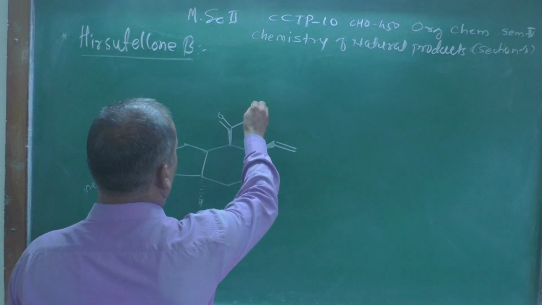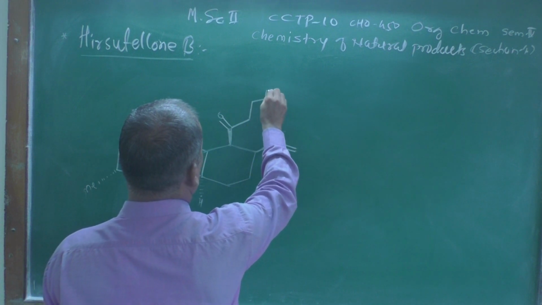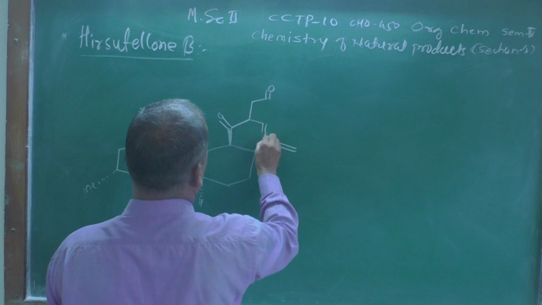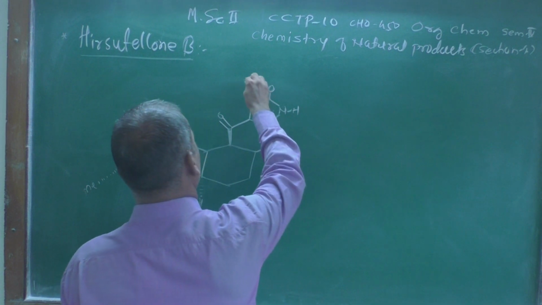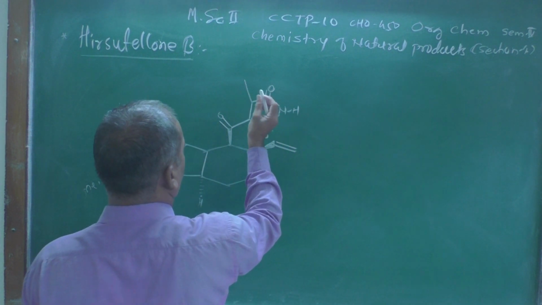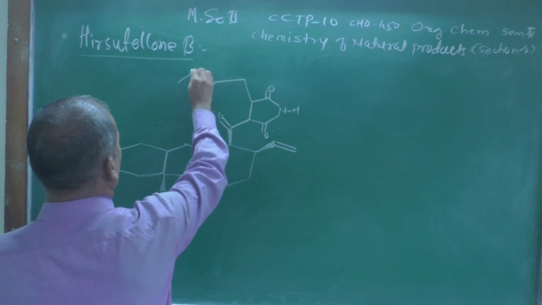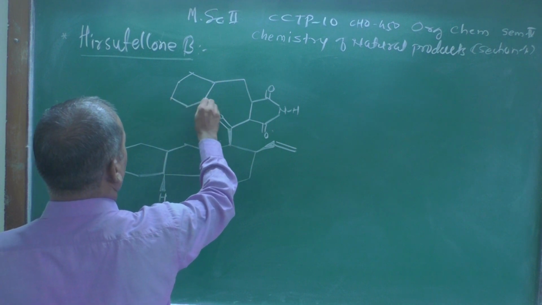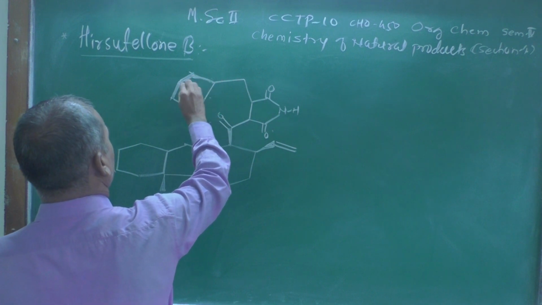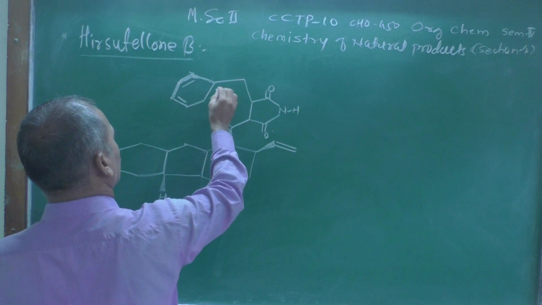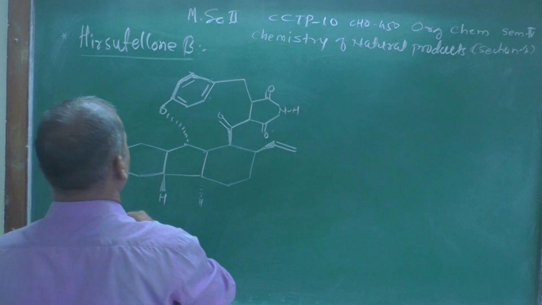Now this is the compound which I am representing here. Look, this one, the compound which I am showing. See carefully, this is a benzene ring. Here an oxygen atom. Now I am showing this.